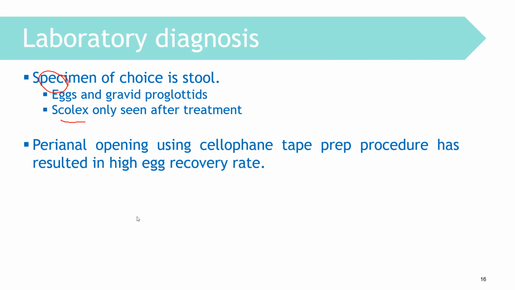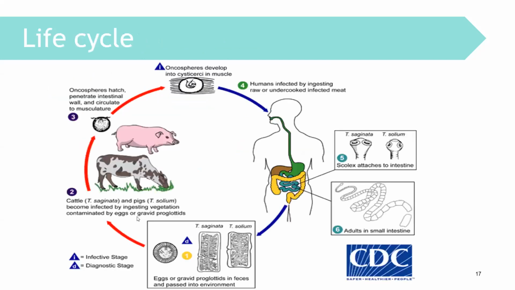Once the scolex is still attached in the mucosa, it can still cause infection. Perianal swabbing using cellophane tape or the tape prep procedure has resulted in the recovery of the parasite, so recovery of the egg or recovery of the proglottids.